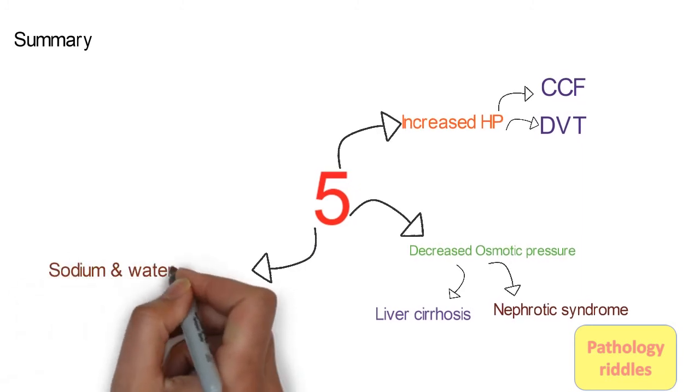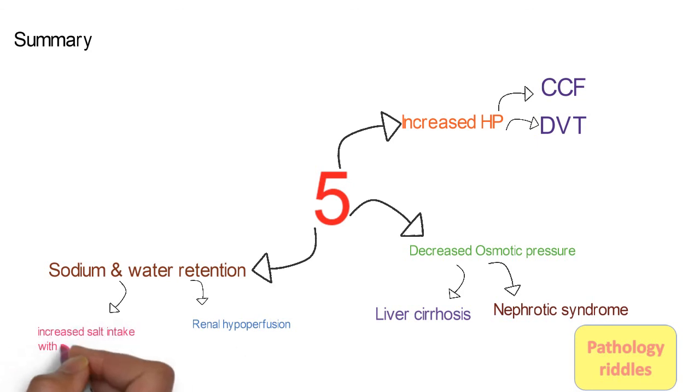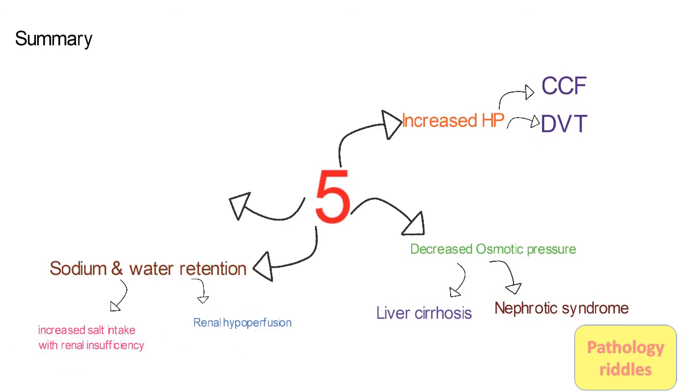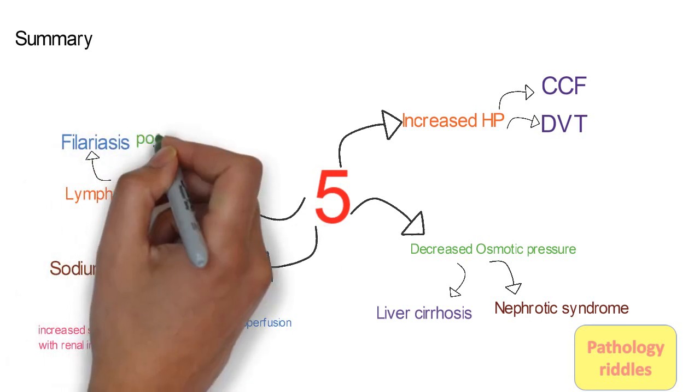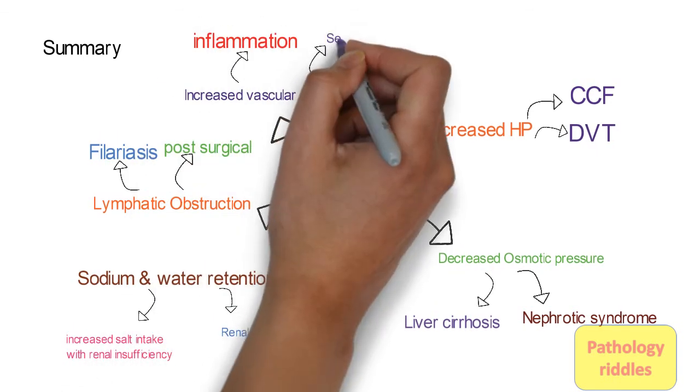Sodium and water retention, for example, renal hypoperfusion, increased salt intake with renal insufficiency. 4. Lymphatic obstruction, for example, filariasis, post-surgical. Mechanism 5. Increased vascular permeability, for example, inflammation, sepsis.